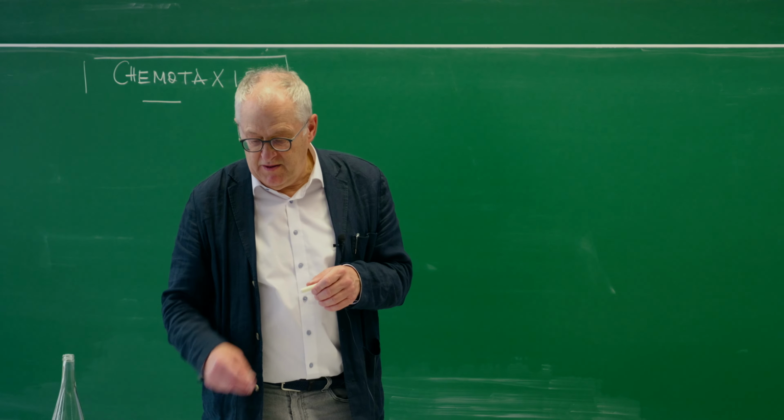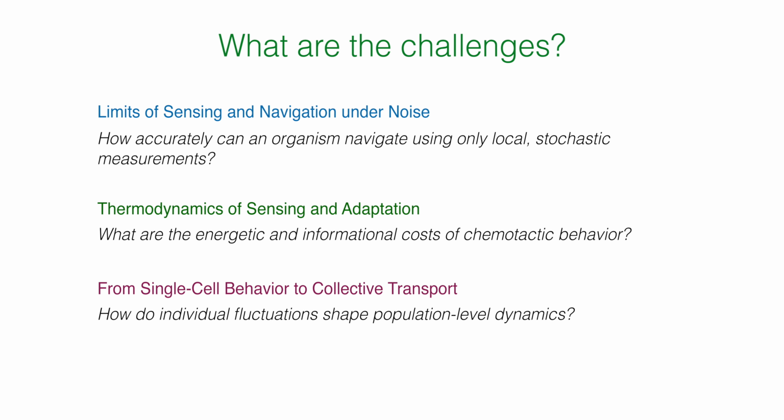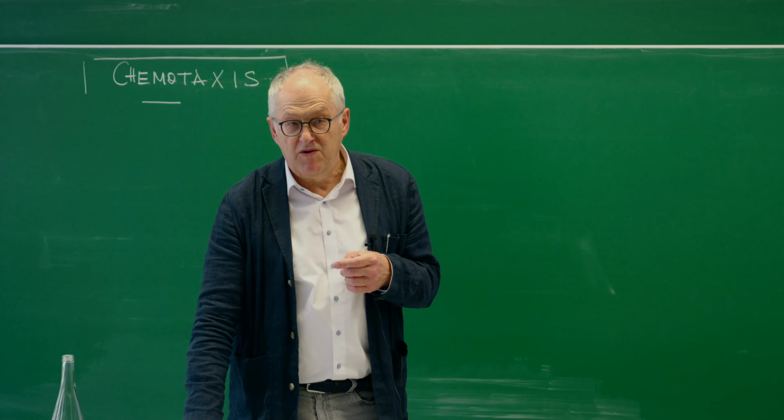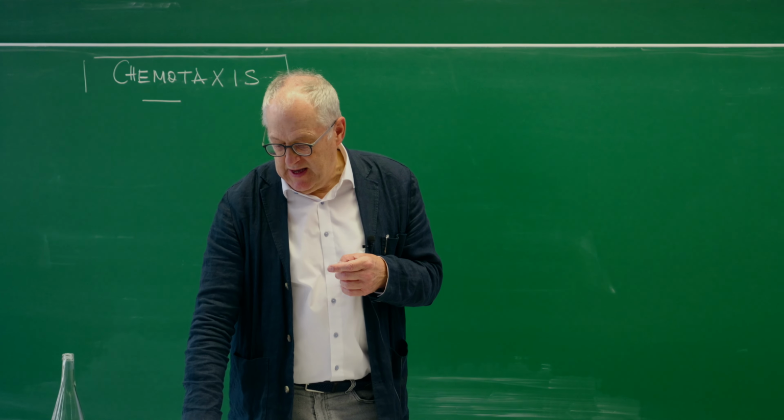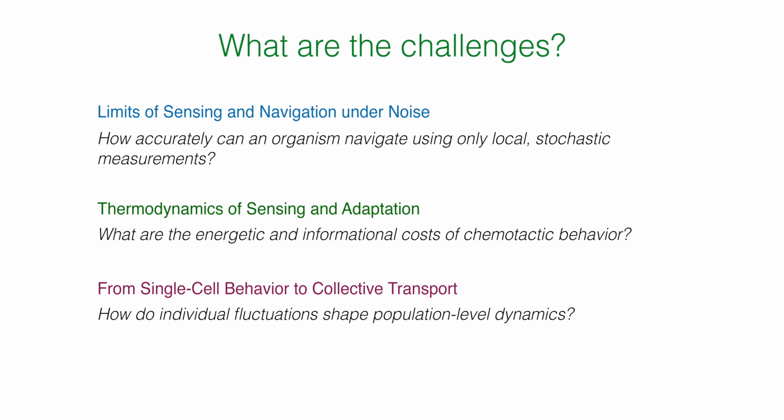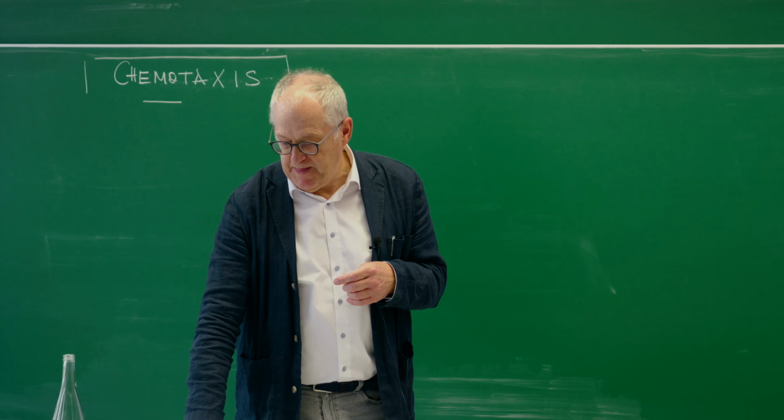Another question I'm not going to talk about, but it's very interesting, is the thermodynamics of sensing and adaptation. Here the question is, what are the energetic and informational costs of chemotactic behavior? That's an ongoing research topic in the field. And last, and that's something I will touch upon again, is how you go from the single cell motion to collective motion. So what's the population dynamics, and how do individuals act together to form some emergent behavior?